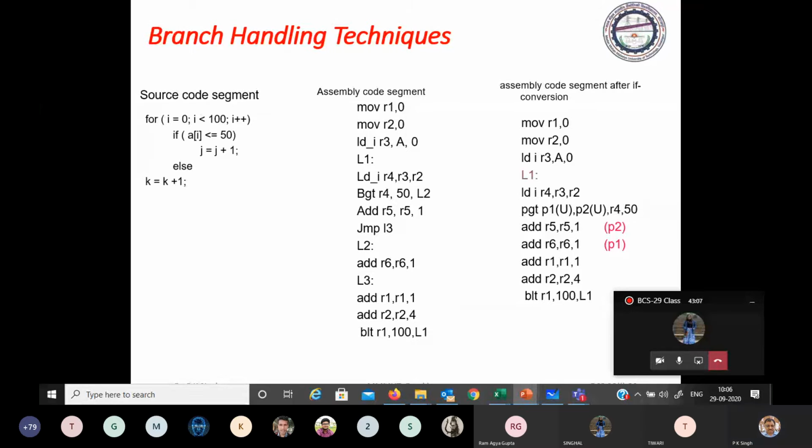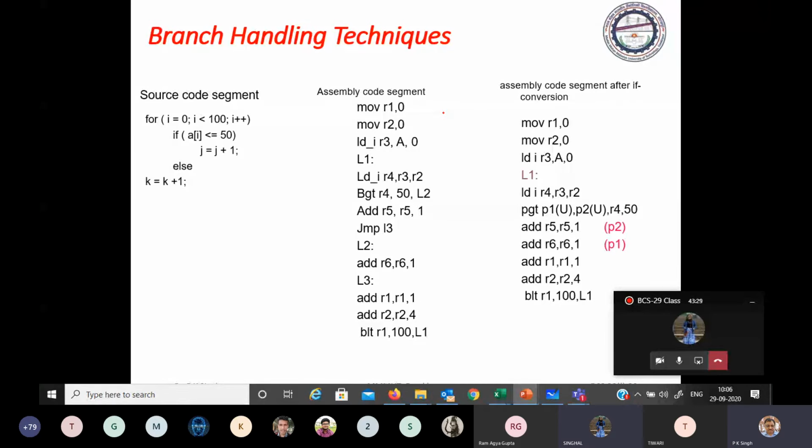So I have told you at that time, during discussion of the dependence analysis, we can convert the control dependency into data dependency. Okay.